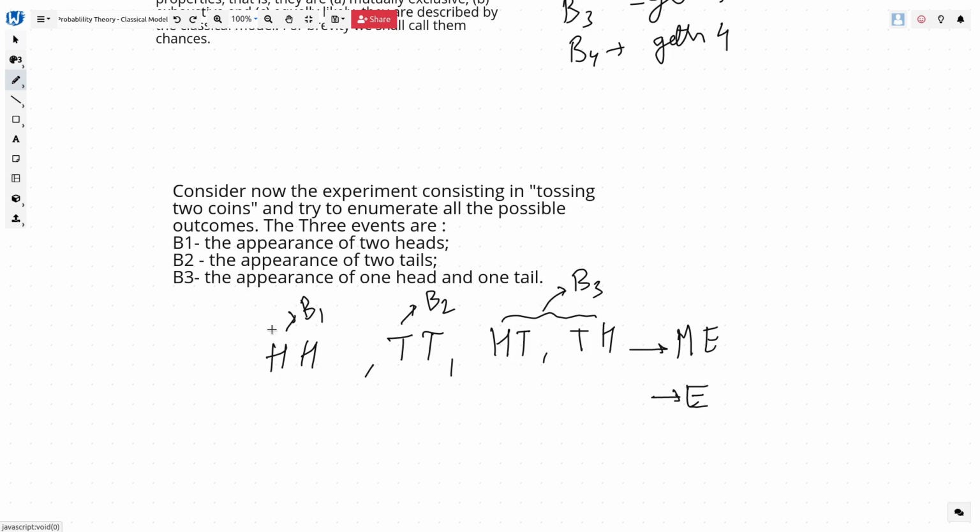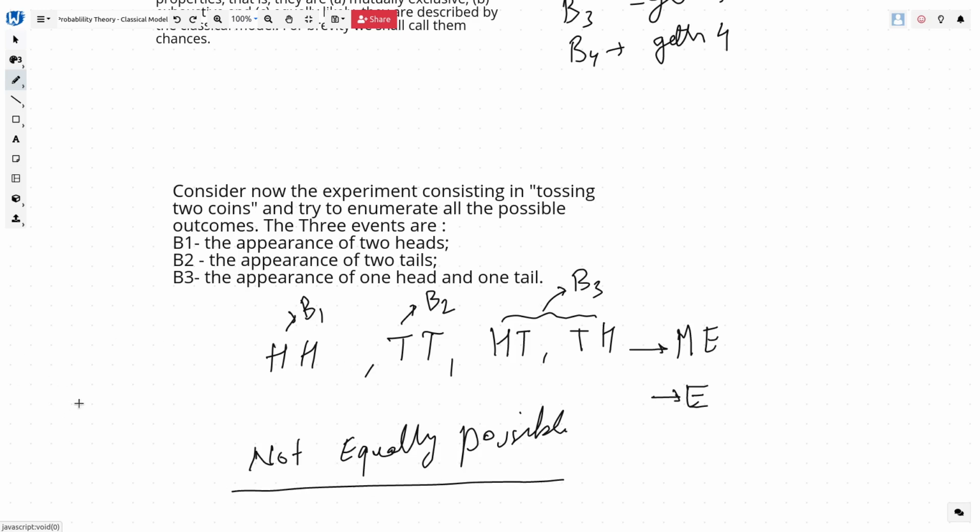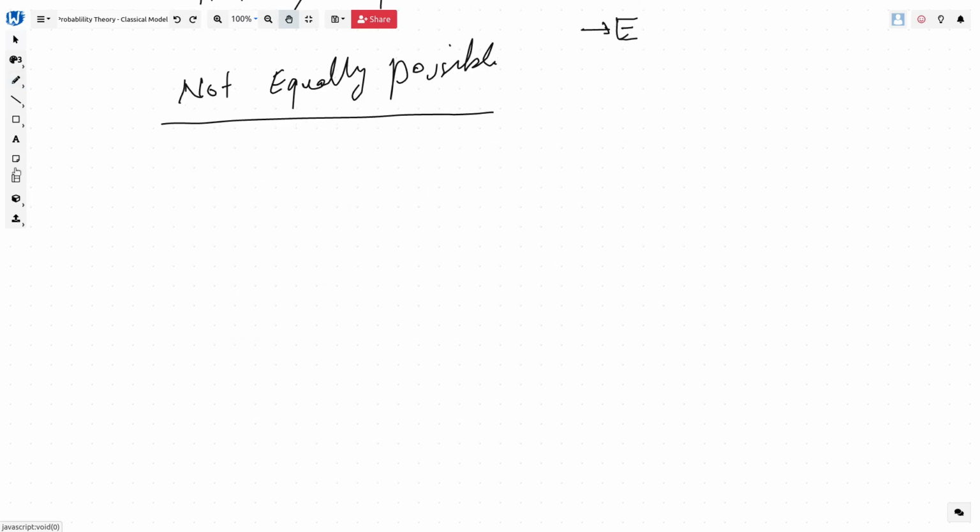So these are not equally possible. Here we cannot use the classical model, right? Similarly, let's look at another example so that you get more and more clarity.